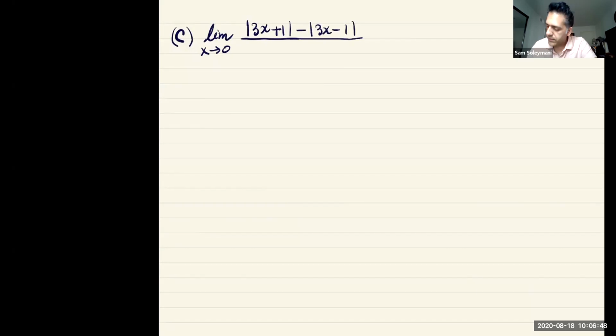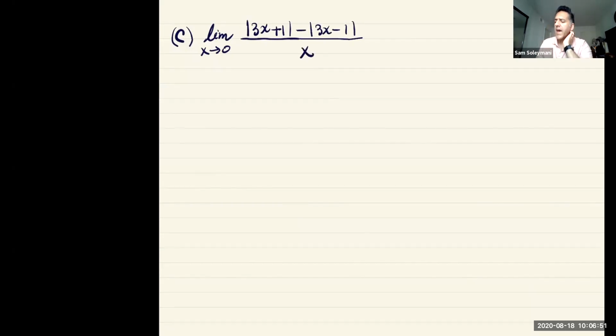All right, so I will do a variation of C. Let's take something like the absolute value of 3x plus 1 minus the absolute value of 3x minus 1, divided by x.